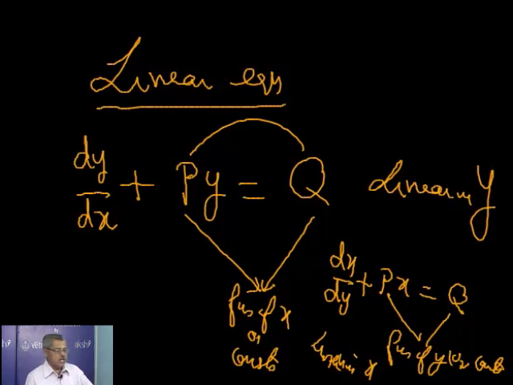Here x is the dependent variable, y is the independent variable. We can have a linear equation in y or in x, provided this condition is satisfied. Like that, you can write down the solution directly, provided you understand the methodology behind it.